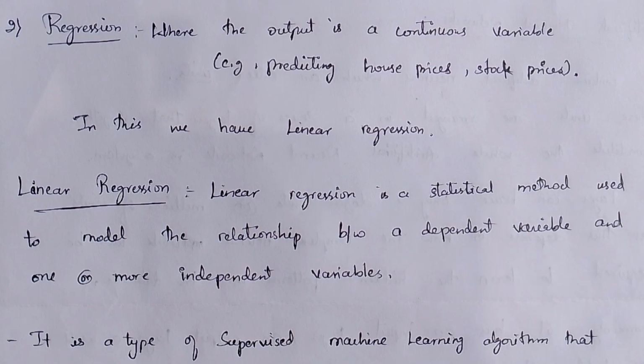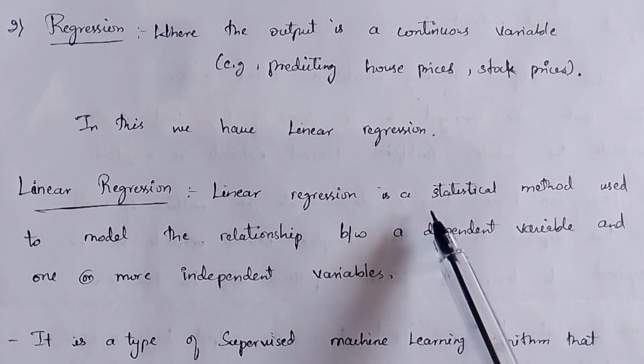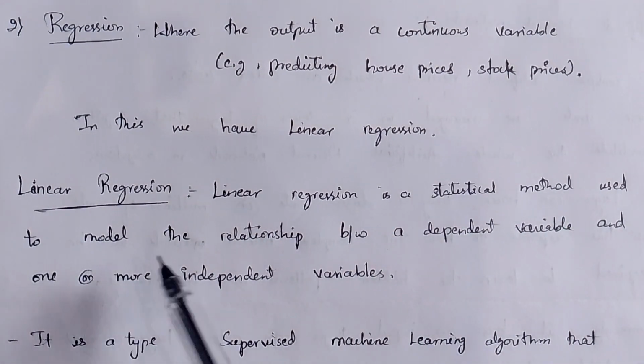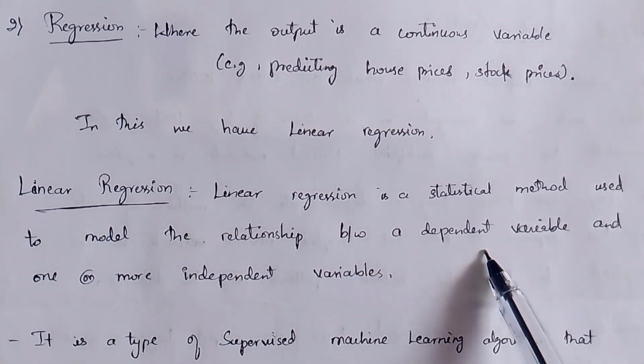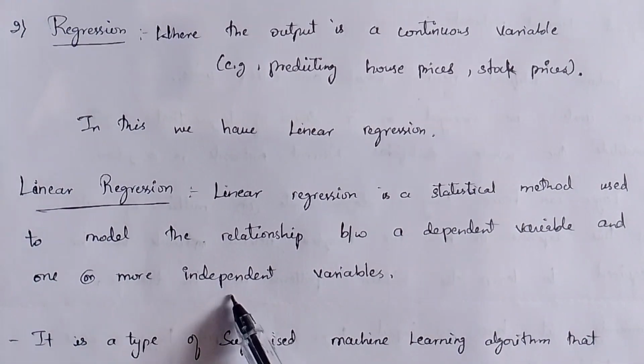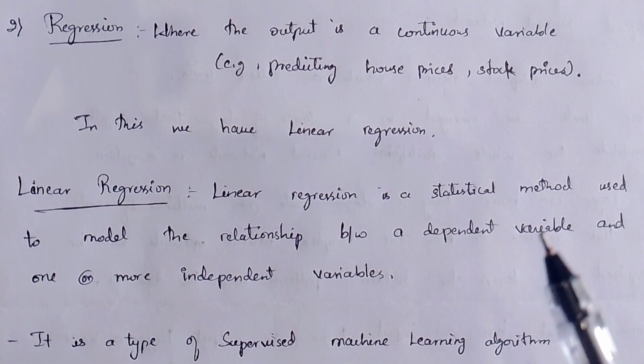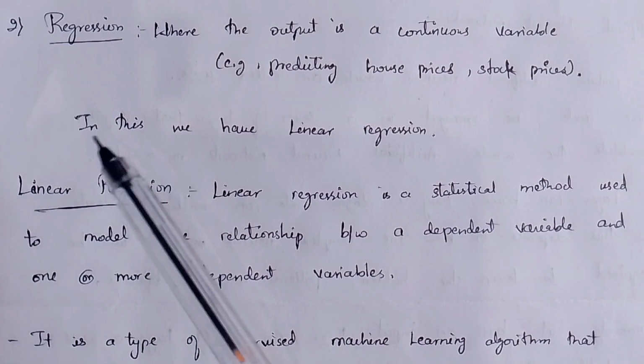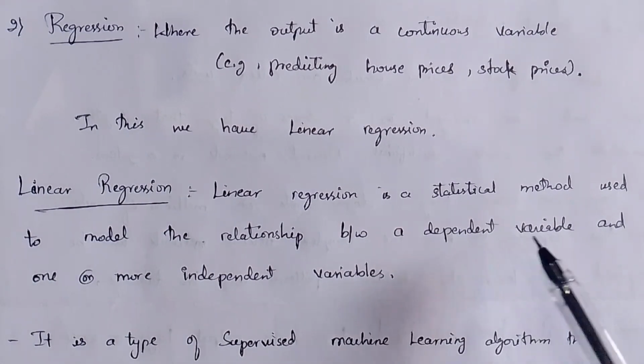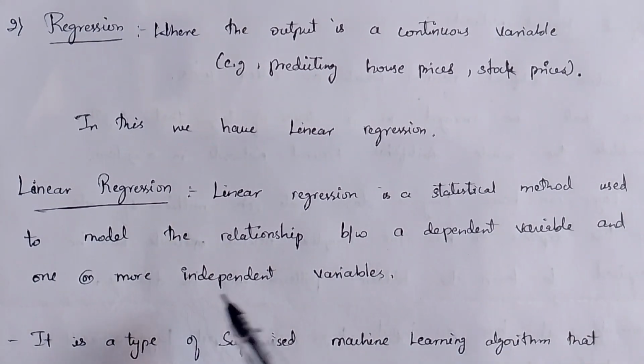the most widely used type of regression is linear regression. Linear regression is a statistical method used to model the relationship between a dependent variable and one or more independent variables. We know that regression defines the relationship between the dependent variable and the independent variable.